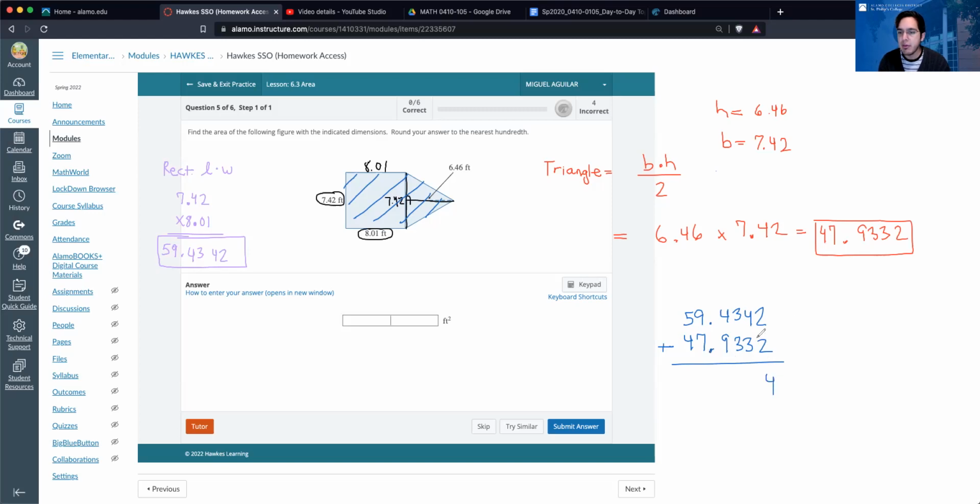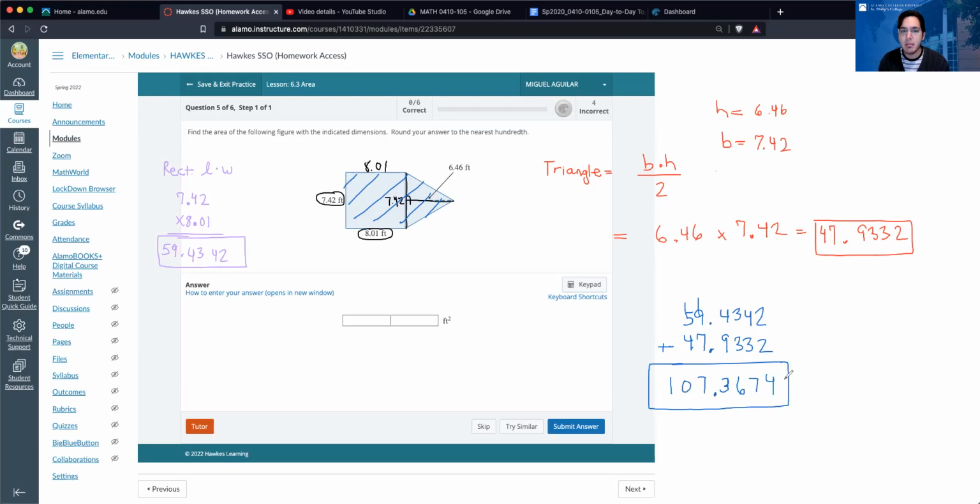This should be 4, 7, 6. This should be 13. So I'm going to bring the 1 up, bring the decimal down, and 17. And then we have 10. So this is our exact answer based on the multiplication and the addition that we've done.